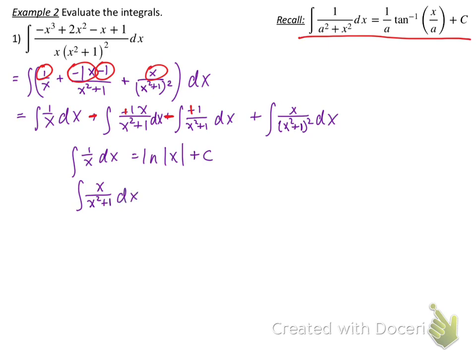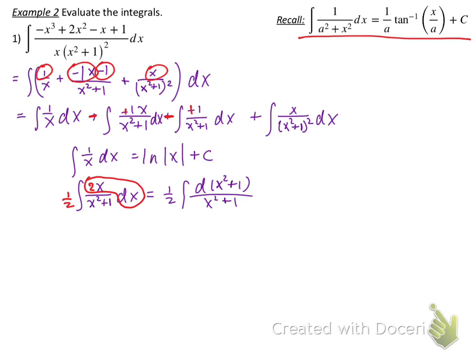Here I want my x squared plus 1 to be my u. So I need 2x dx, and then I multiply by 1/2. This is 1/2 the integral of the derivative of x squared plus 1 with a dx over x squared plus 1.